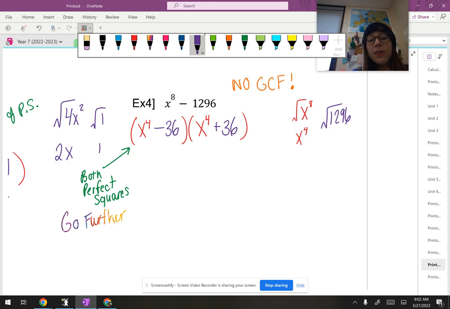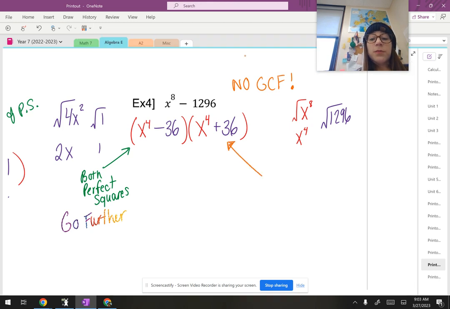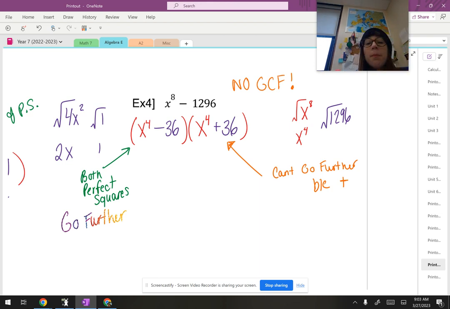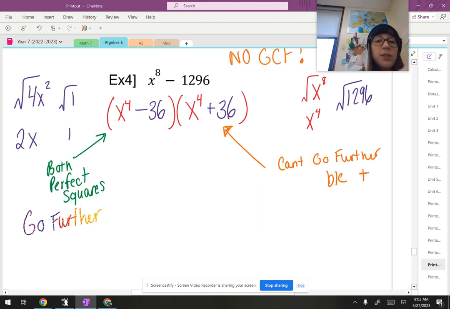The negative can go further, but the positive can't. So we're going to make a note of this. This one can't go further because of the positive. But this negative one can.